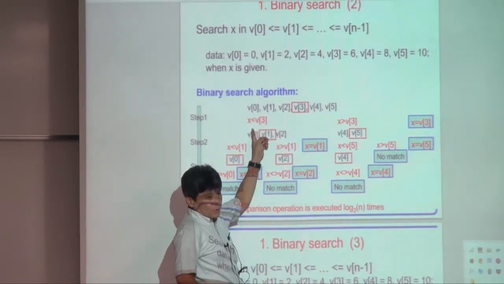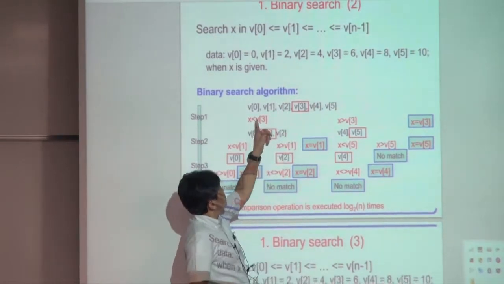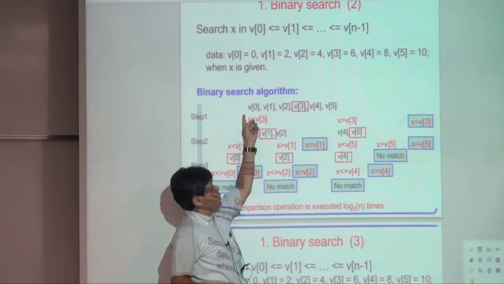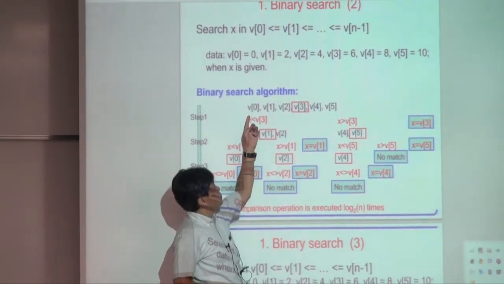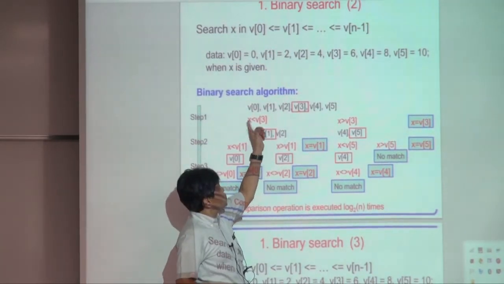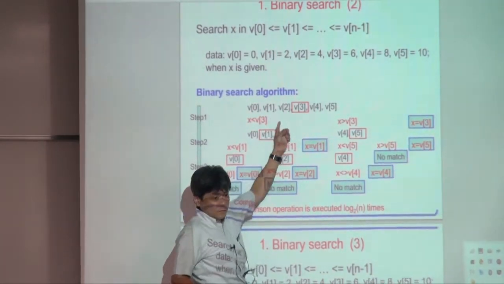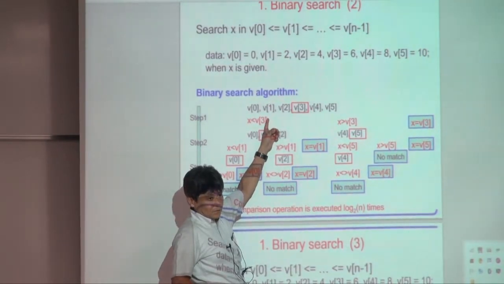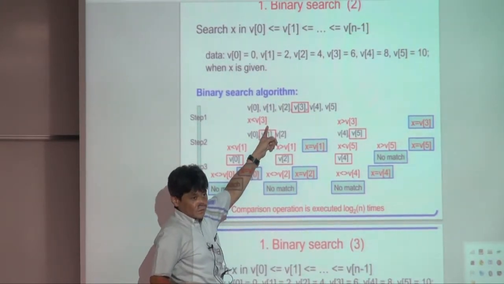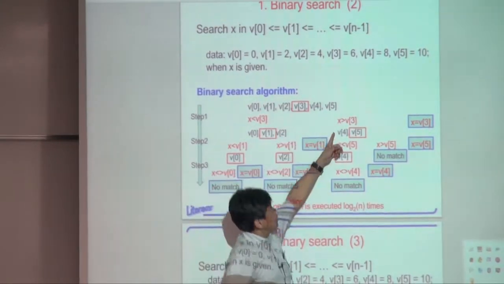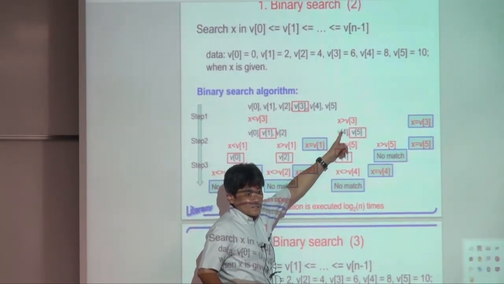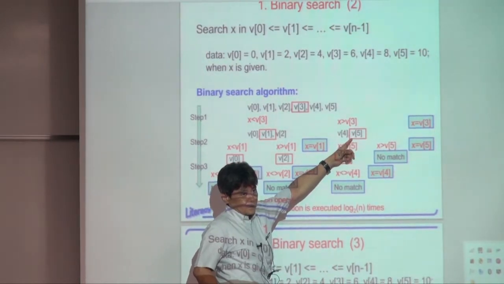If the specified value is less than the center value, then if there is any matching data, it should be located in the left part, because x is less than the center value. Otherwise, x should be located in the right part if x is larger than the center value.